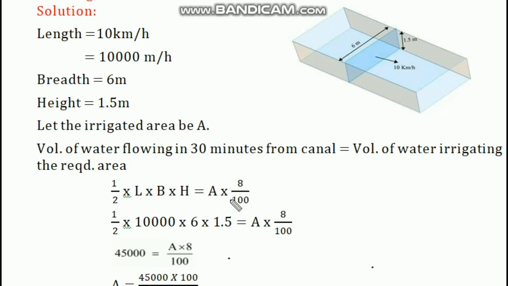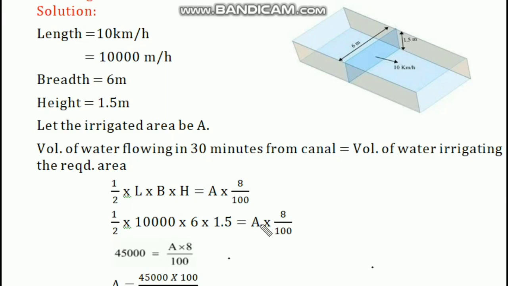The height is given as 8 centimeter, and centimeter we need to convert into meter, so I took 8 divided by 100. The irrigated volume is also a cuboid, so area is length into breadth, and this is height, 8 by 100. Then substitute the values of length, breadth and height.